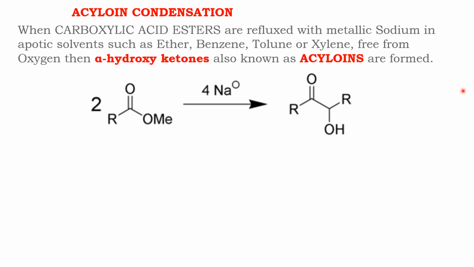Now we move to another reaction that is called acyloin condensation. Acyloin condensation. Alpha hydroxy ketones are generally called acyloins. So, acyloins are the general name of alpha hydroxy ketones. And the preparation of alpha hydroxy ketones is possible by using carboxylic acid esters.